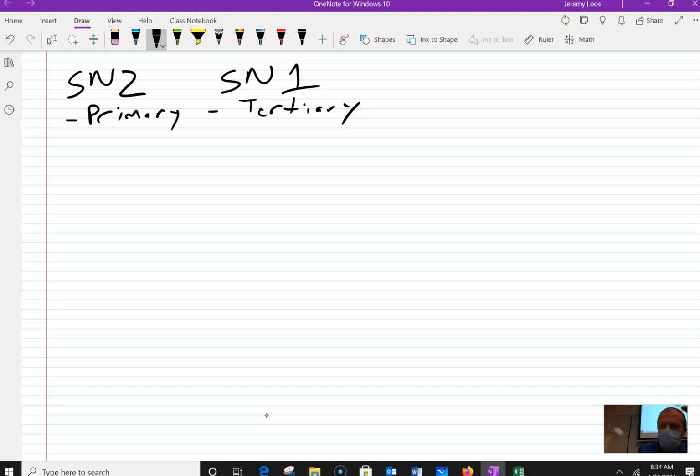So let's say bromoethane, and let's really focus on the carbon that's the reactive one, this one right here. That's the one that's attached to the bromine and has the partially positive charge.